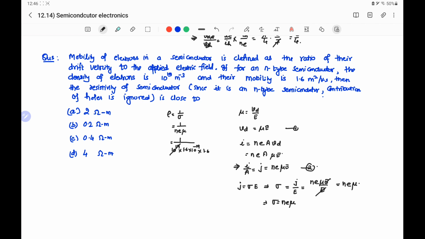So the 10 to the power 19 gets cancelled, and it will be equal to 1 by 1.6 into 1.6, which can be written as 1 by 2.56, and it will be approximately equal to 0.4 ohm meter. So option C is the correct option.